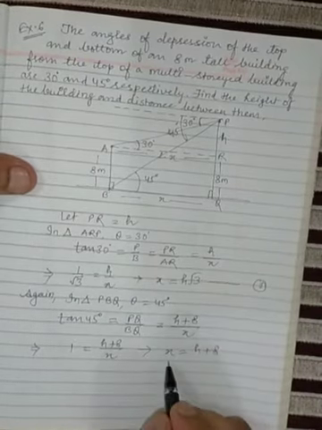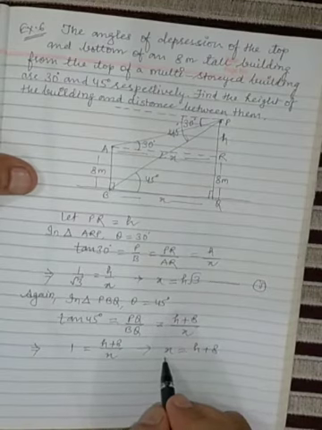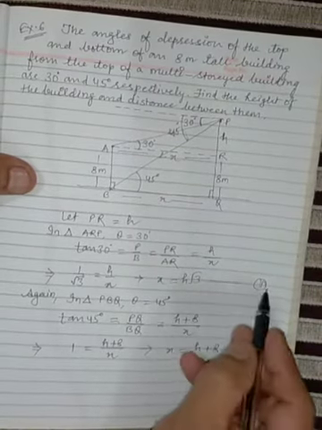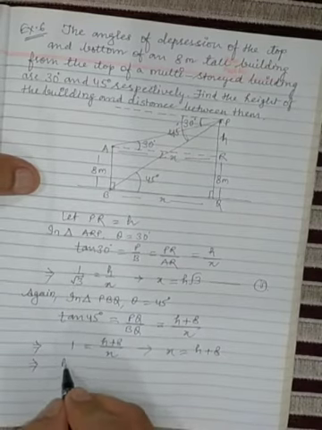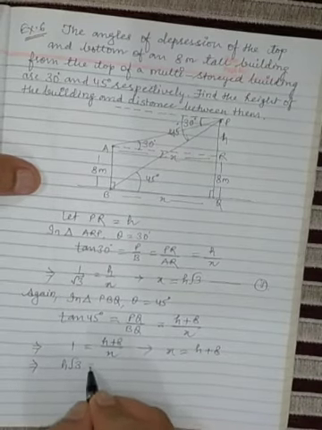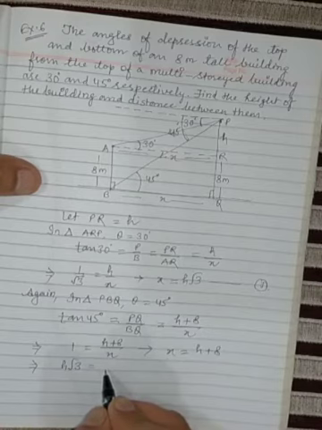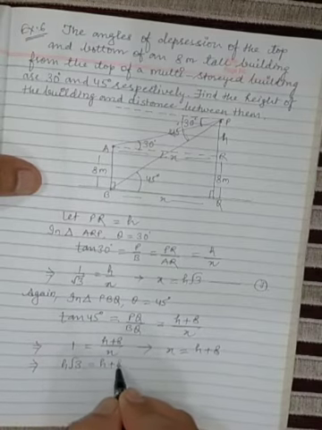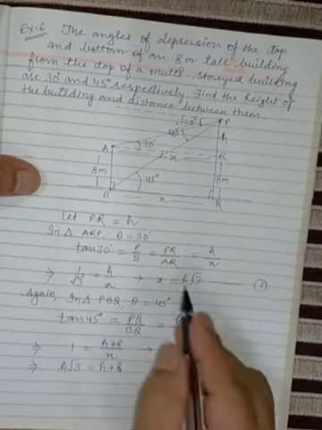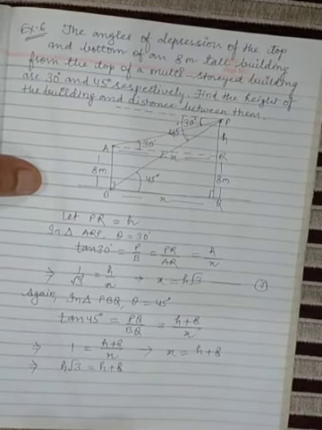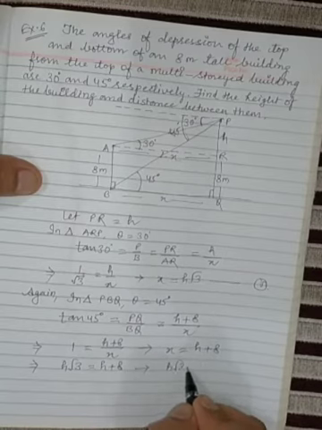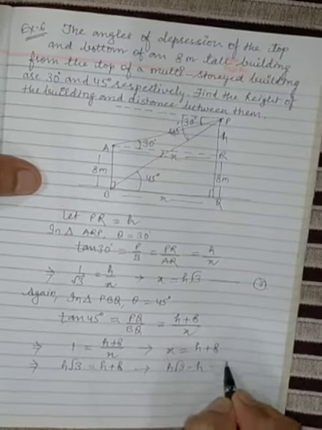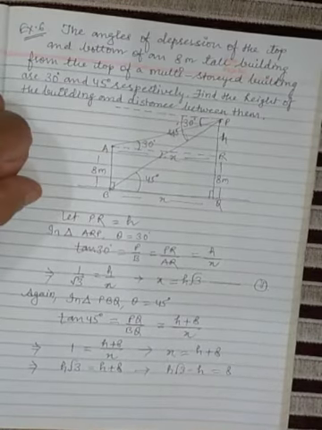Now here we can put the value of X is equal to H root 3 from equation number 1. That implies H root 3 is equal to H plus 8 by equation number 1. So this gives you H root 3 minus H is equal to 8.